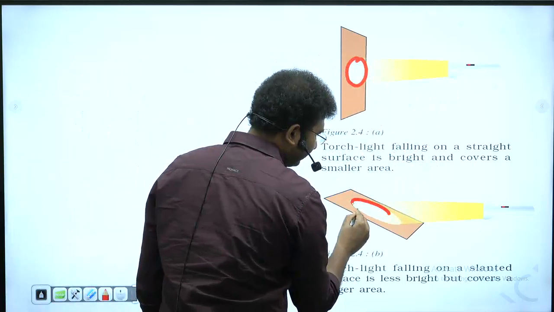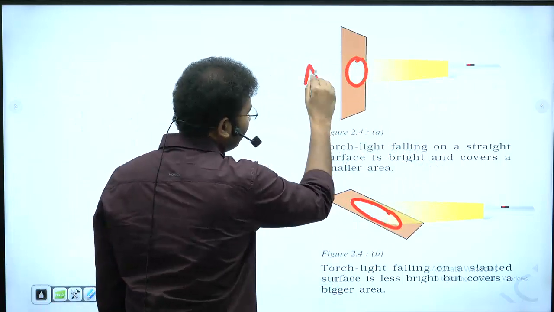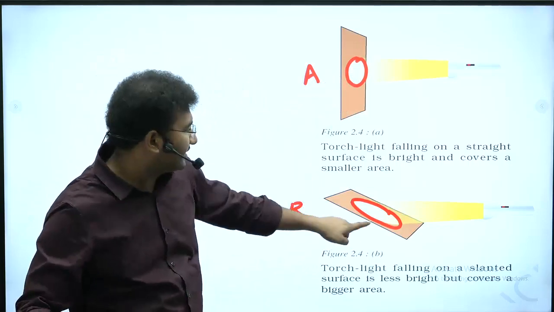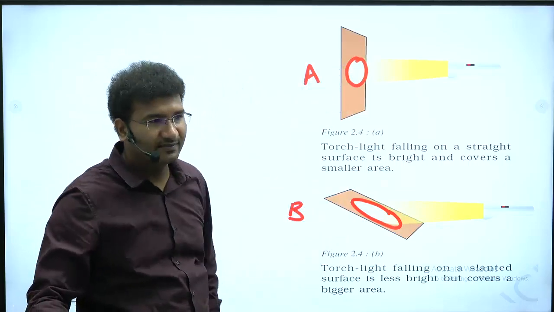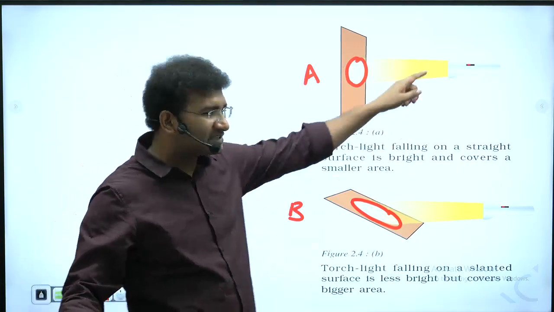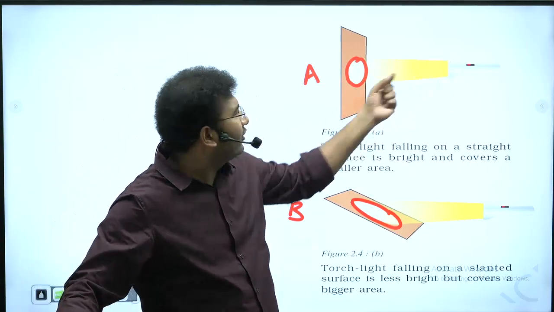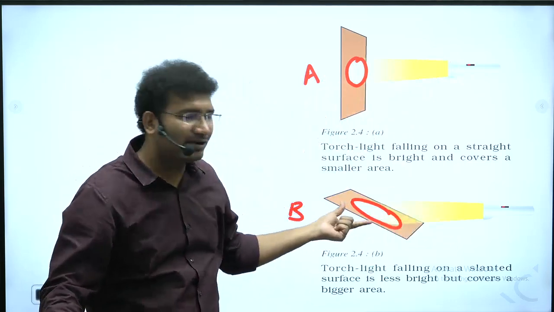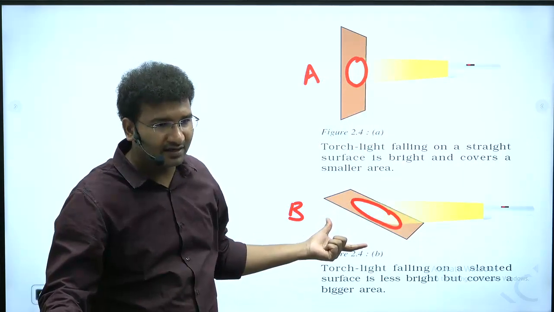Look at the fundamental difference. This is case A, this is case B. Which circle is bigger, case B circle or case A circle? B circle is bigger. Now just imagine this torchlight is the sun. Sunlight is falling on a smaller area. Okay? Now the same sunlight is falling on a larger area. Right?